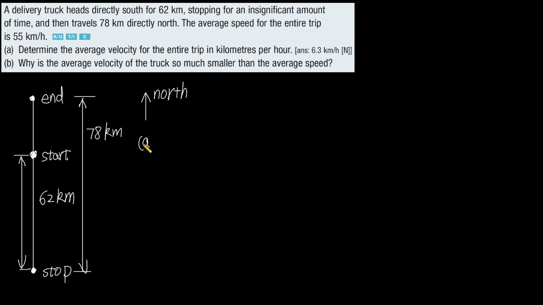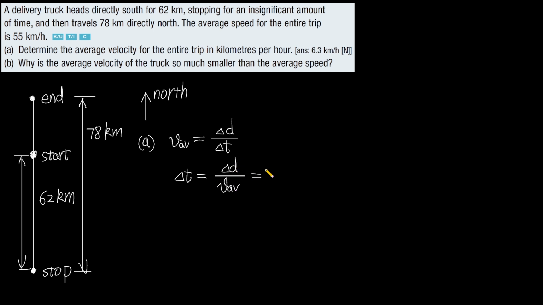Then A. From the formula of the average speed equals the total distance divided by the time interval, we can get that the time interval equals the total distance divided by the average speed.